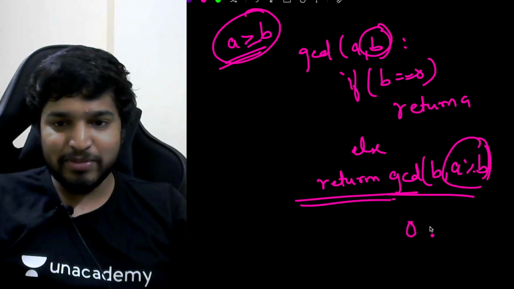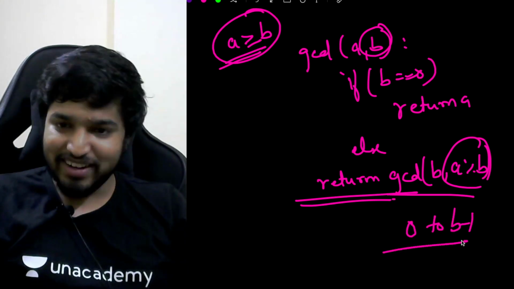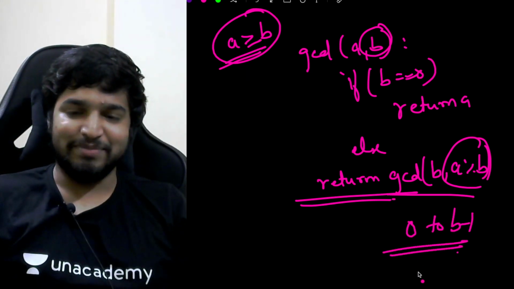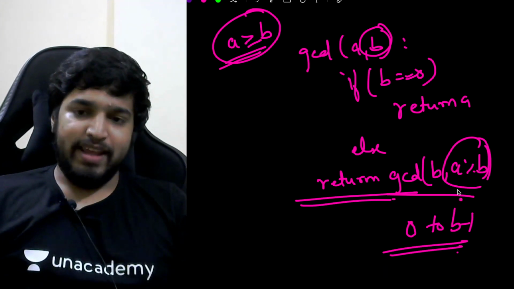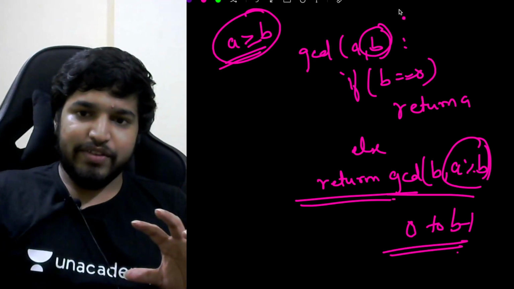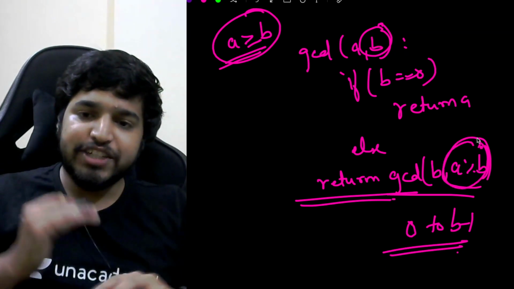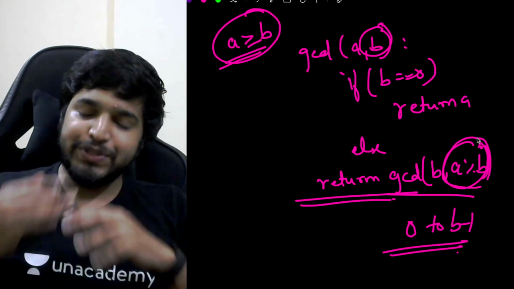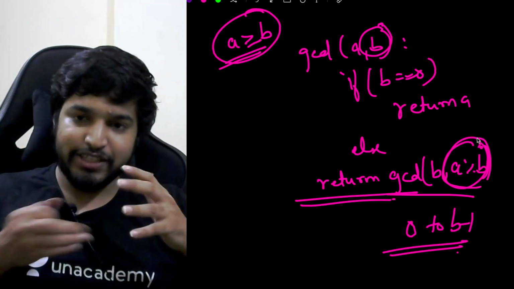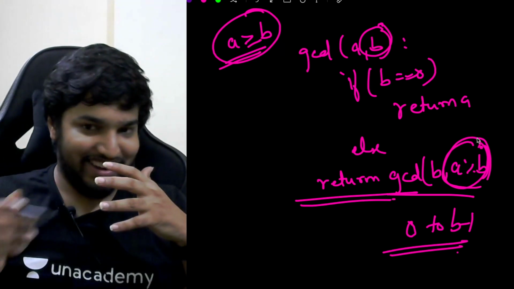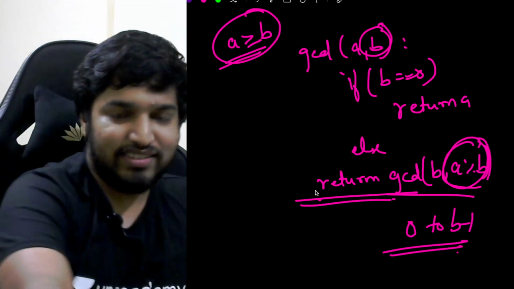The remainder is going to be from 0 to B minus 1. Awesome. That means when we have B, the next function call is going to have something less than B, and so on. So this function has to terminate somewhere. It can't go less than 0. Correct?